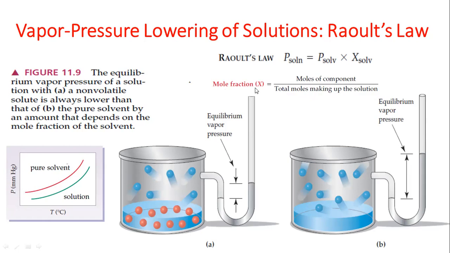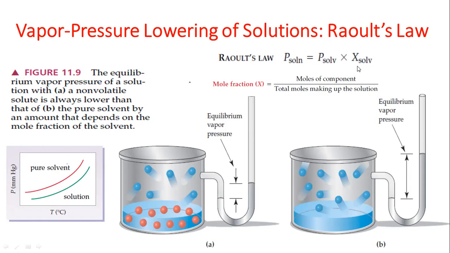So the more solute, or sodium chloride, the more will be the mole fraction. So if the mole fraction is more, that means the vapor pressure of the solution is more. That means this is the mole fraction of the solvent.